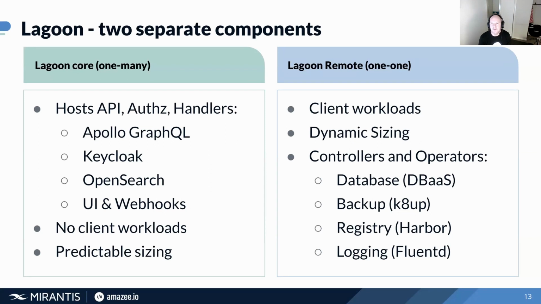Lagoon's got some real smarts in there as well to handle idling. So if you've got a web application and you're doing user acceptance testing, you can push your Git branch and it will create a website for you to user acceptance test. Once you've finished your user acceptance testing, that website isn't needed. You might need to do more testing, so you don't want to delete it.